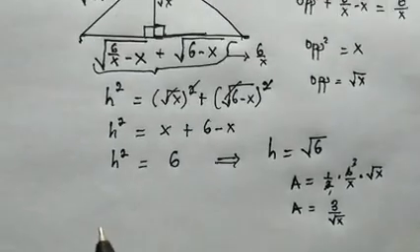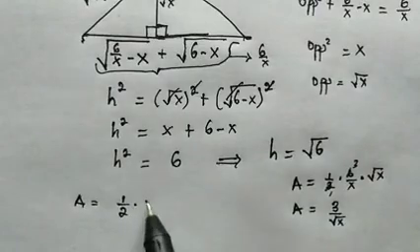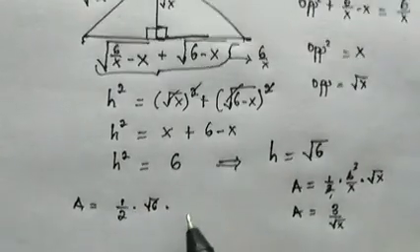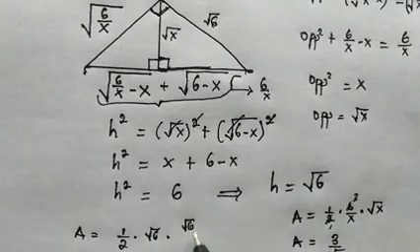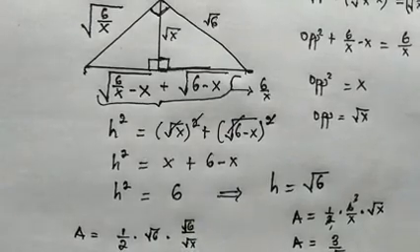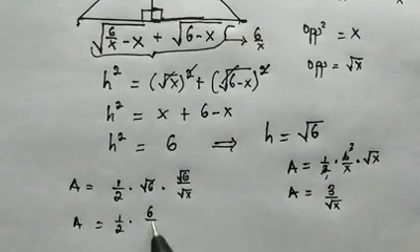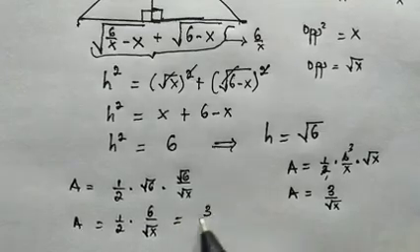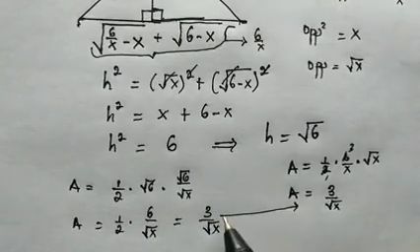Then let us find the area using that right triangle. We get half times the base, root 6, times the height, which is root 6 over x, which is the same as root 6 divided by root x. So here we get area is equal to 1 over 2 times root 6 times root 6, which is 6, divided by root x. Divide by 2, then we get 3 over root x. So we can see that the two areas are equal.